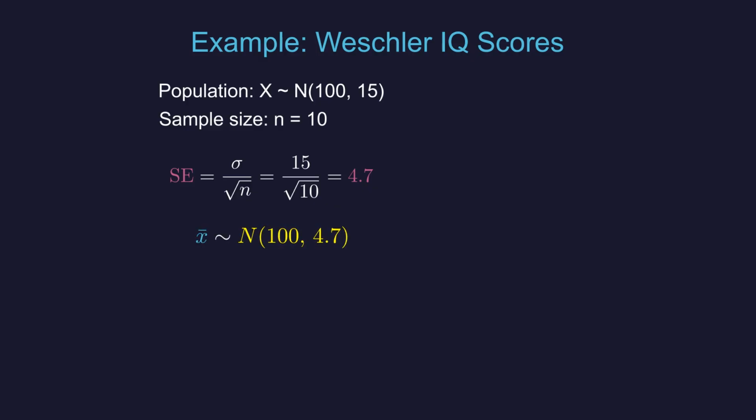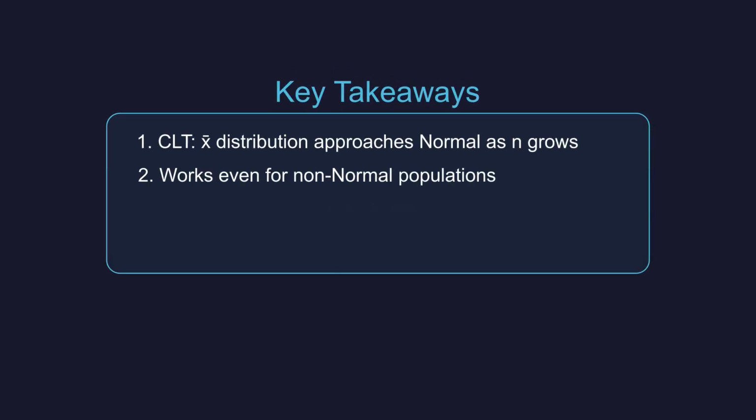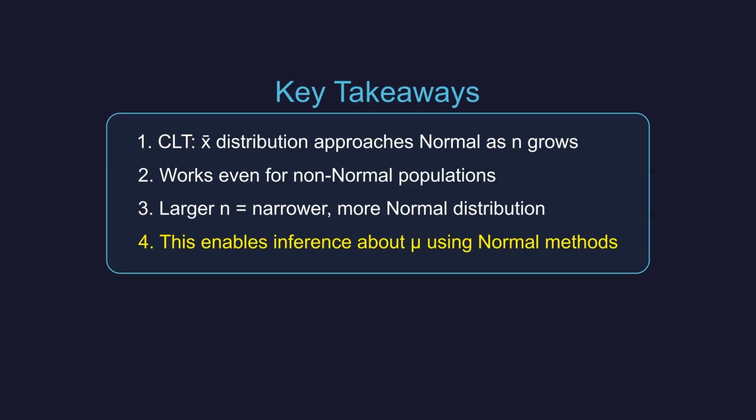So the sampling distribution of x bar is normal with mean 100 and standard error 4.7. Using the 68% rule, about 68% of sample means will fall between 95.3 and 104.7.